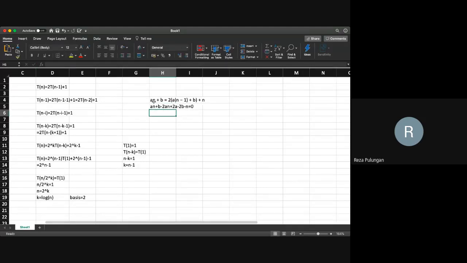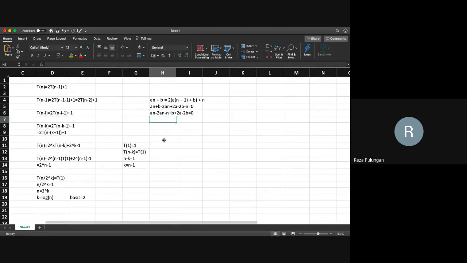So, an plus b minus 2an plus 2a minus 2b minus n is equal to 0. Now, an minus 2an minus n. And then collect all the rest: plus b plus 2a minus 2b is equal to 0.